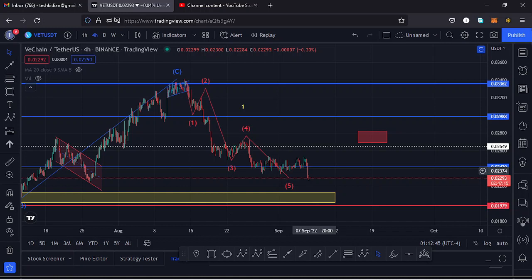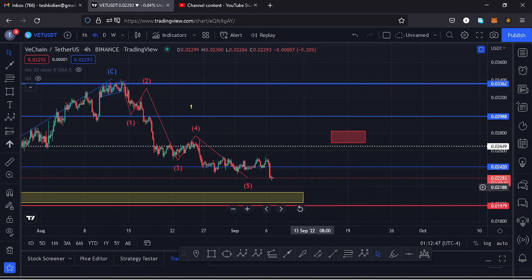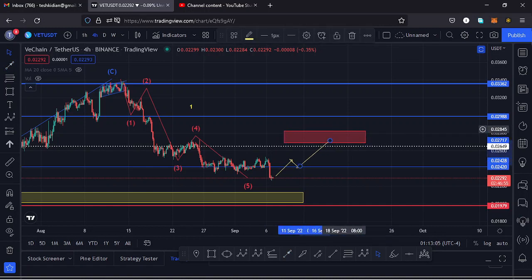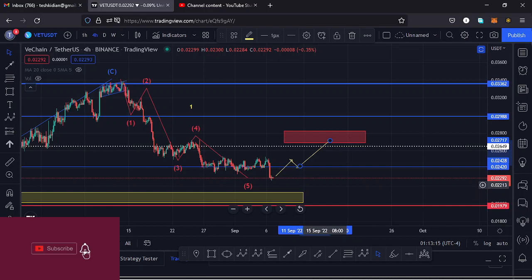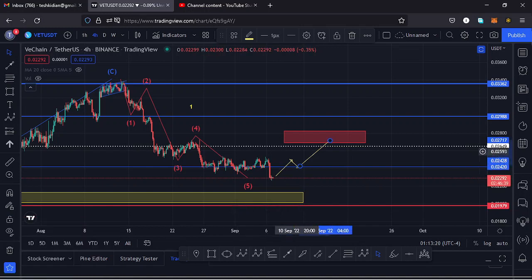So once we see a reversal over here from the prices that we are trading within, manage to break above this key area of resistance that we have at around the $0.024 mark, maybe have a retest of that key area of resistance, then continue pushing higher, I would expect Vechain to get us into this red target area that lies between the $0.028 mark and the $0.026 mark, which is not that far from the prices that we are trading within. So in case we have a very nice pump to the upside and get into that target area, then we can name this as a wave 2 to the upside.